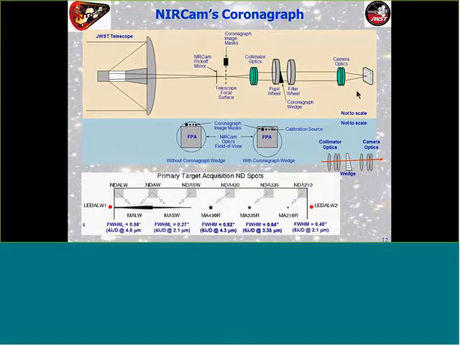The NIRCam coronagraph operates in a, let's say, non-standard fashion. The rationale for this is that we didn't want to cut off any of the potential field of view for deep surveys.